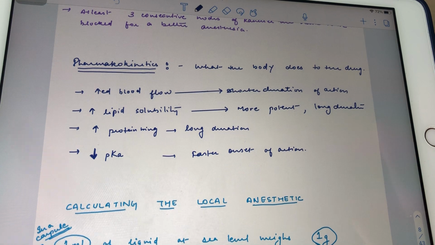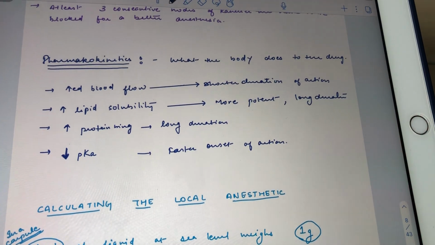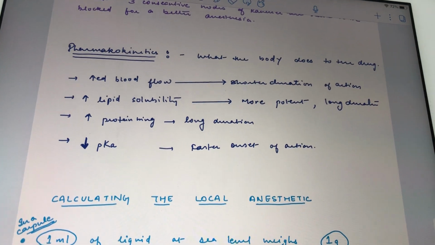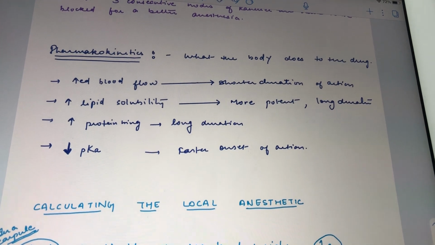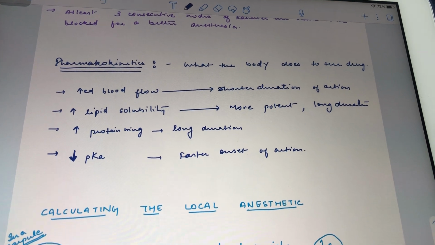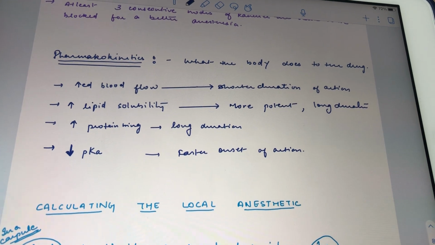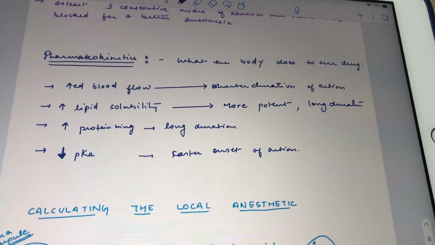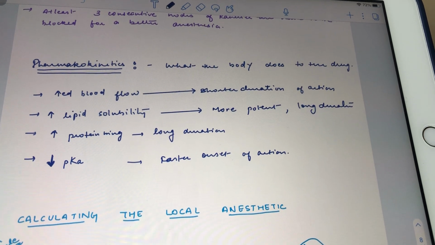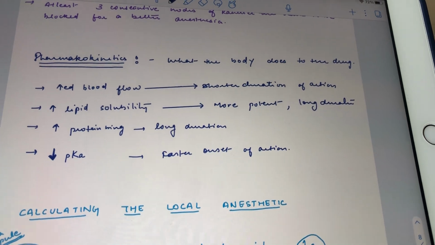Increased lipid solubility means more potency and long duration, because lipid solubility increases the binding of the drug with that area, causing increased duration of action. Increased protein binding, similarly, causes long duration of action. A decrease in pKa means faster onset of action.